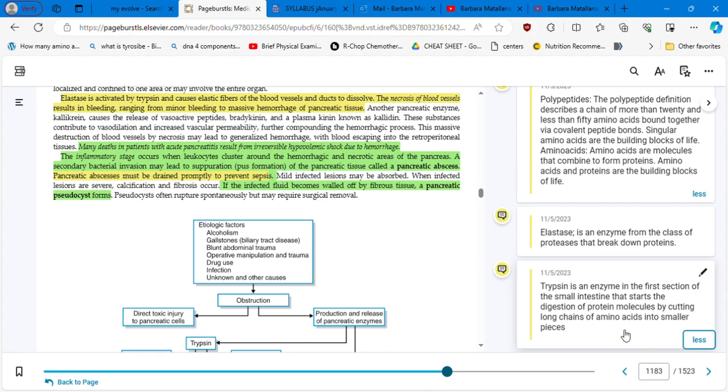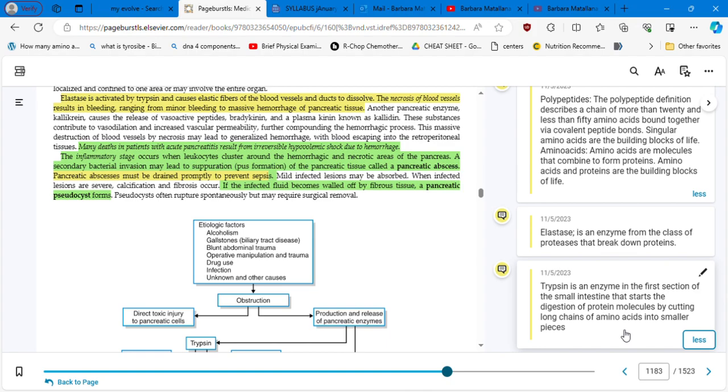So we have many participants here, right? We have elastase, who is going to help in the breakdown of proteins. Then the protein is going to enter the first section of the small intestine, in which trypsin is going to start helping the digestion, right? So all these participants, if they are overwhelmed, if they are not working properly, they are going to cause maybe an imbalance in the enzyme activity.